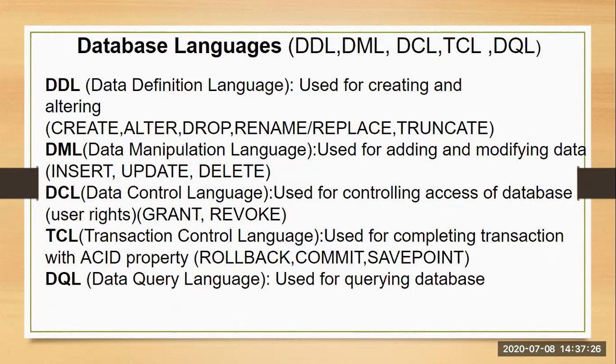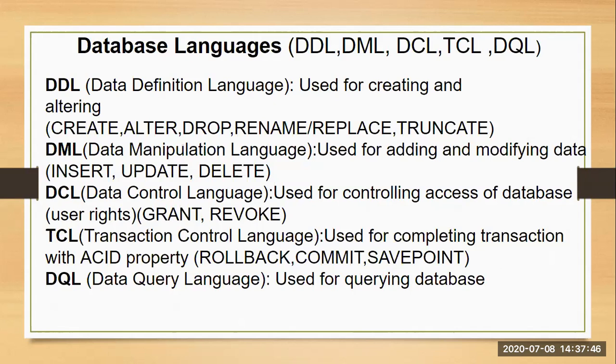When I talk about grant, it refers to giving permission. When I talk about revoke, it refers to taking the permission back. Next is TCL, that is Transaction Control Language. It is used whenever you are completing your transaction.